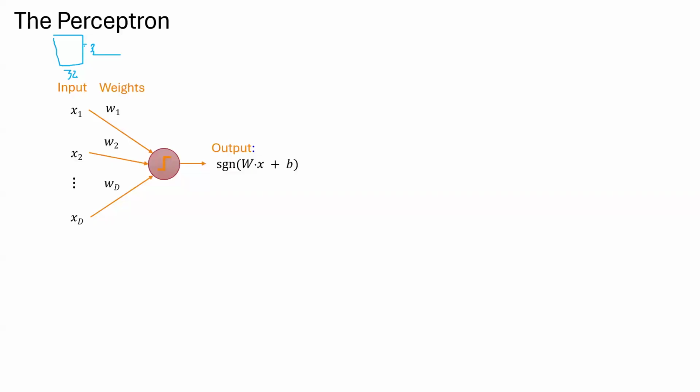That means how many numbers are there? 32 times 32 is 1024 dimensional vector. So if you just use the raw pixels, my D here is 1024. Each image is represented using 1024 numbers.